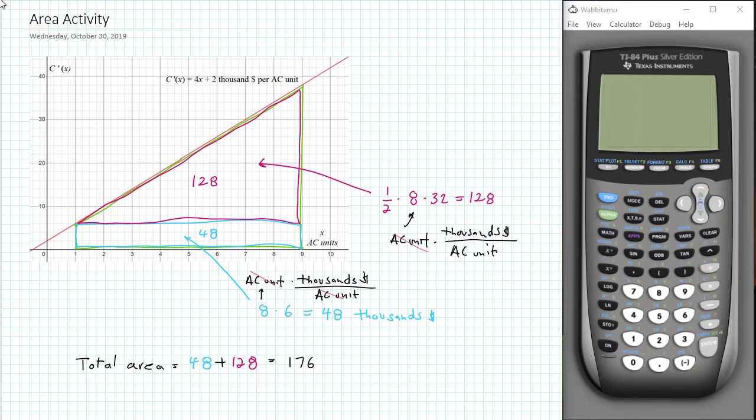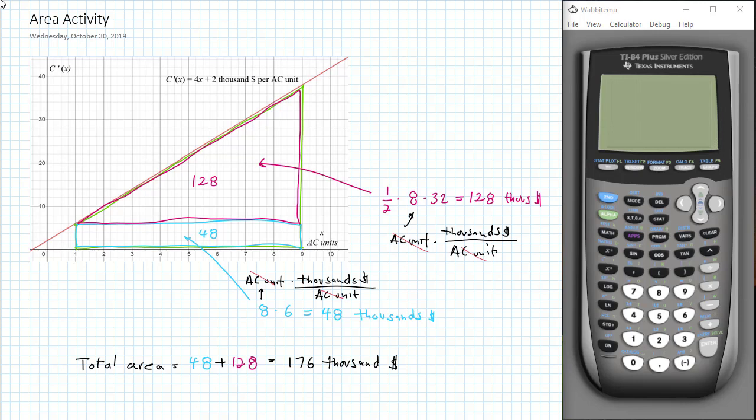When we cancel these out, we end up getting thousands of dollars. So when we add the 48 thousands of dollars plus 128 thousands of dollars, we get $176,000.